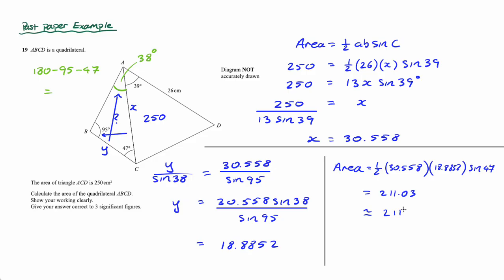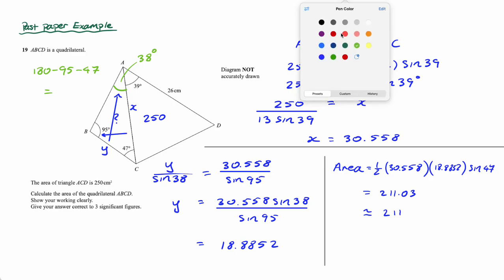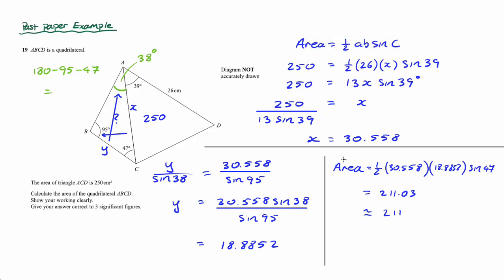Area of a triangle rule. Actually, sorry, I'm wrong. What am I doing? It says calculate the area of the quadrilateral, so I have to. That's the area of the triangle, and maybe I should have called this, let's call this ABC. So this is area ABC.